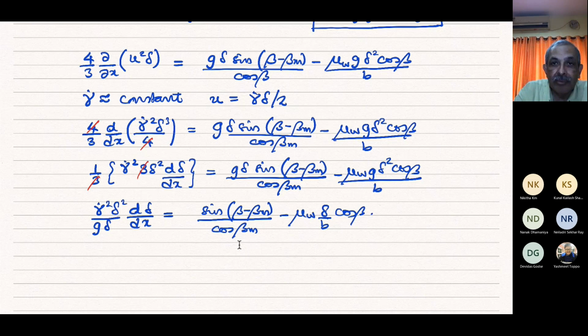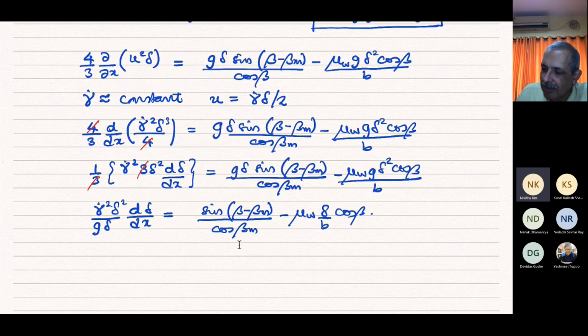And now we can substitute for d delta by dx. We know what that is. Sir, yeah, here mu w is assumed to be 0, no friction.